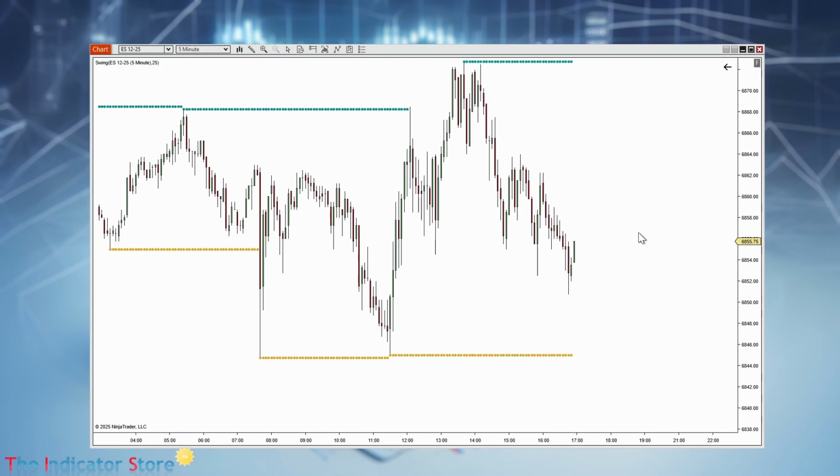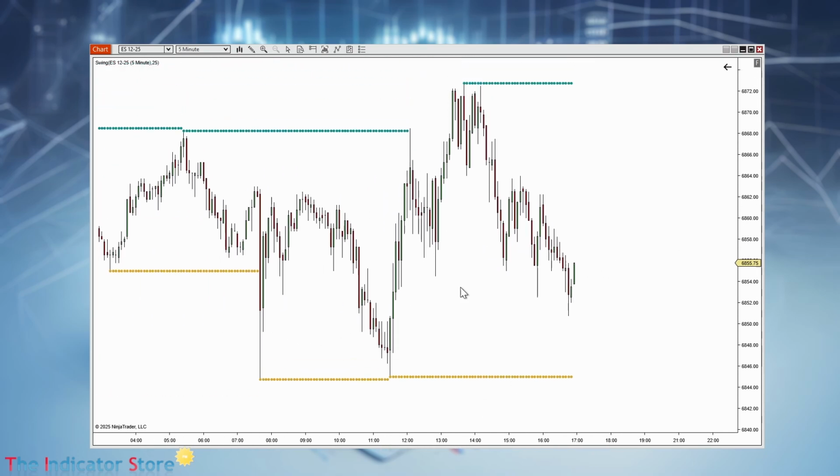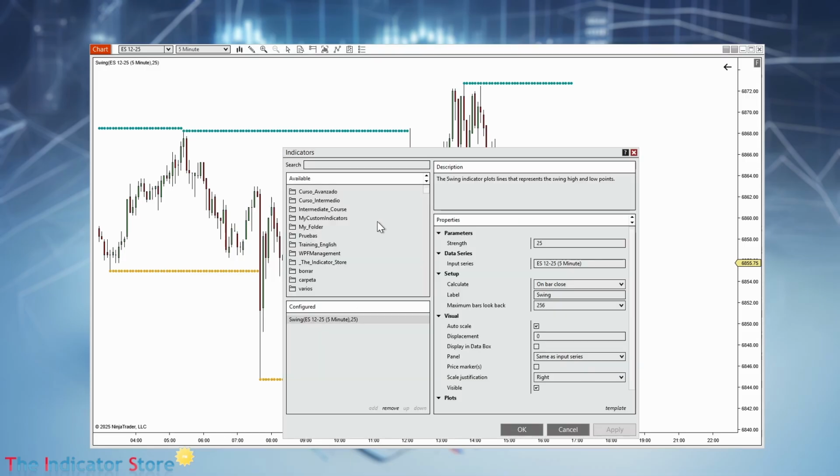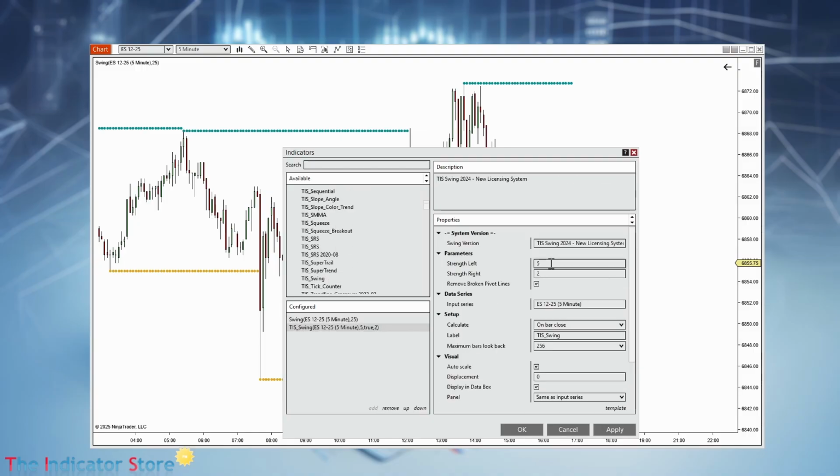For those who are interested in this kind of manual trade, we have an indicator similar to this, the TIS swing. The main difference between the TIS swing and the swing is it doesn't repaint. And this is one of the most important features.